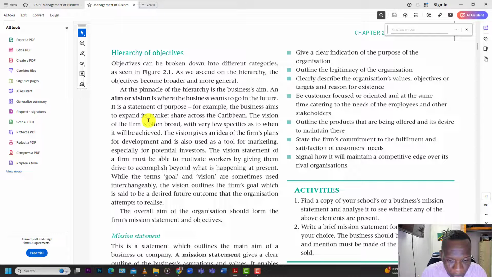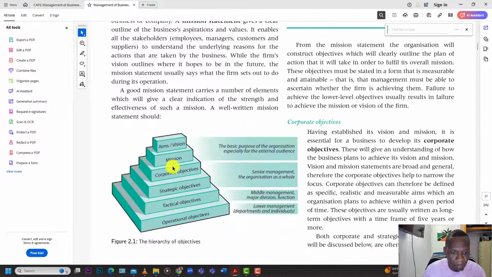The overall aim of the organization should form the firm's mission statement and objective. So we see that right there. The top is the aim and vision, the vision statement, right? It's basically what you really want the company to be ultimately in the long run. At the end of it all, this is what we want. We want to be the number one in this particular area.